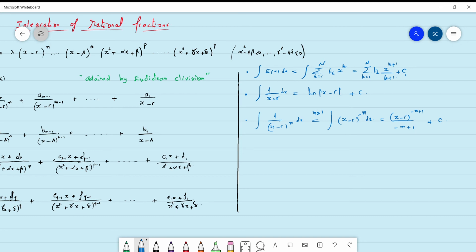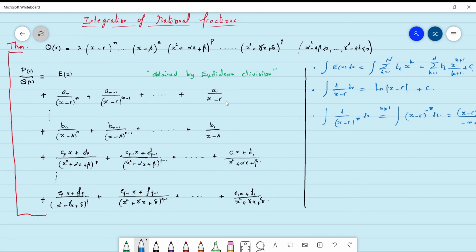So finally, you see the two rows already. For the first three rows, we know completely how to find an antiderivative. Let's now explore what is happening for terms like this one, the simplest one, then see what we can do for the highest degree p.